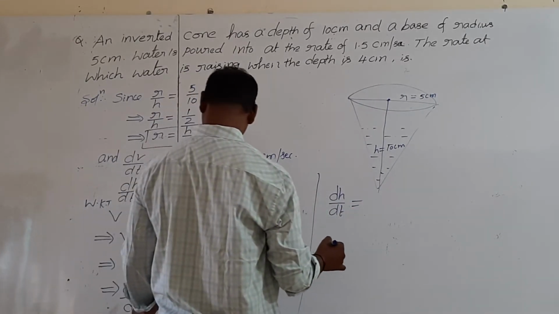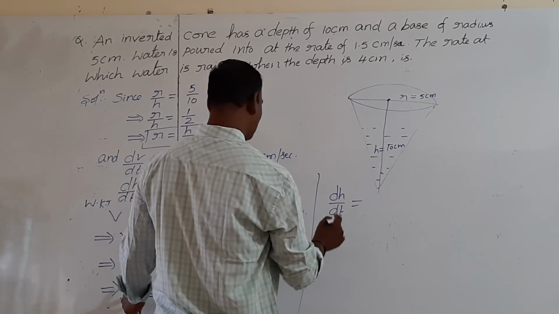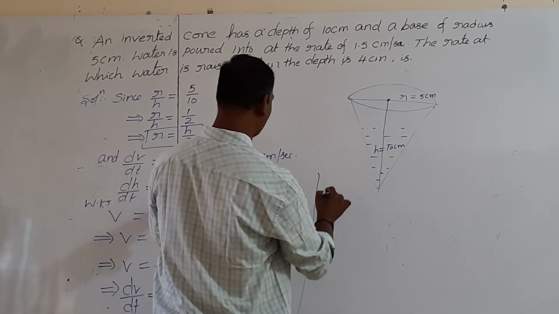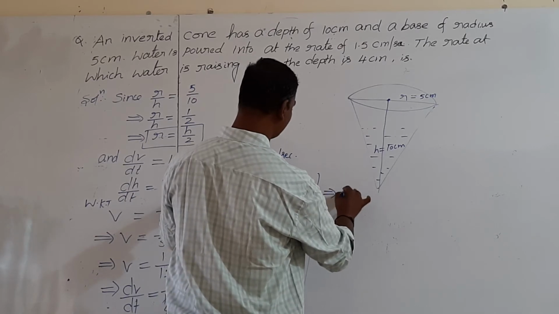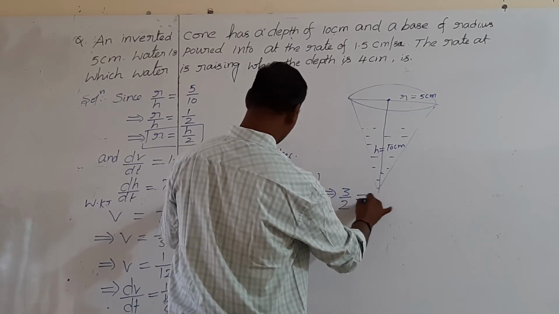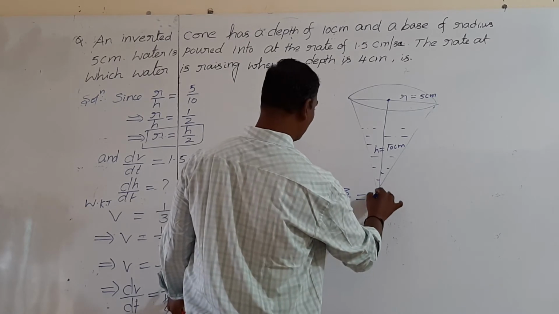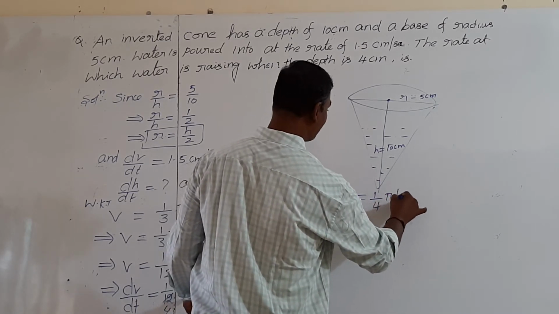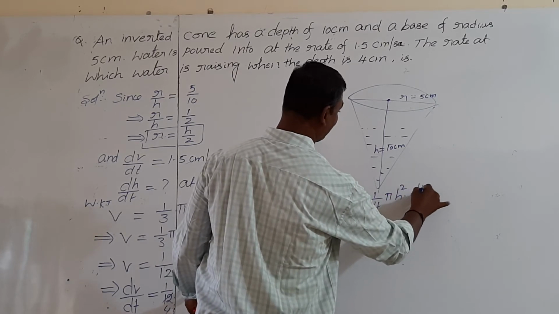The dV by dt value is already given, that is equal to 3 by 2. This is equal to 1 upon 4 pi h square into dH by dt.